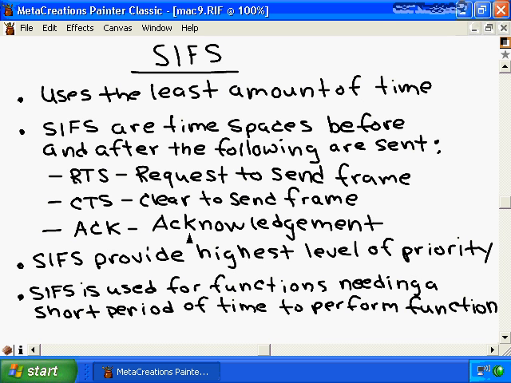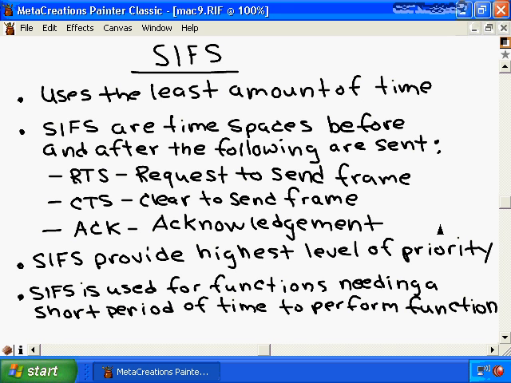So before we send that acknowledgement packet, a period of time called the SIFS has to elapse before and after sending the acknowledgement. And the wireless access point and the wireless stations are able to synchronize when these SIFS should occur, because remember, when a wireless station boots up, it finds out the time on a wireless access point by using the beacons, and once it finds out that time, it synchronizes.